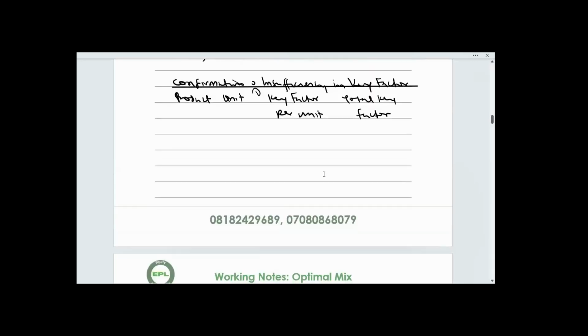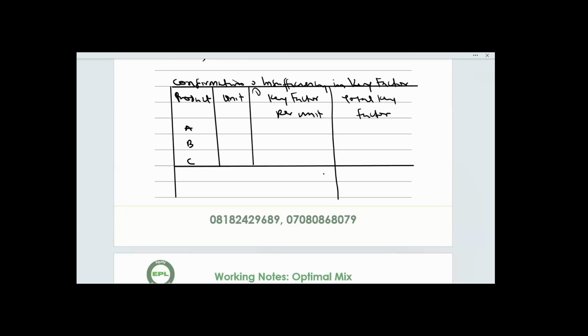Let's say we have products A, B, and C. You want to compare the required resources with the available resources, whether it will result in a shortfall or a surplus to the organization.